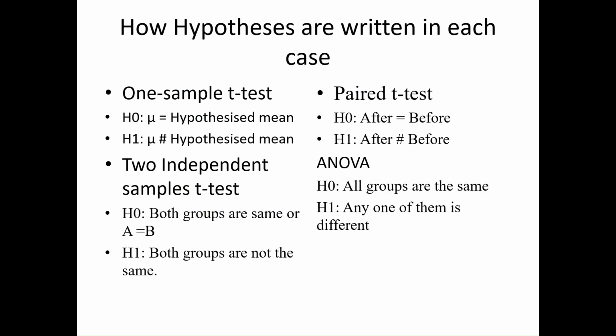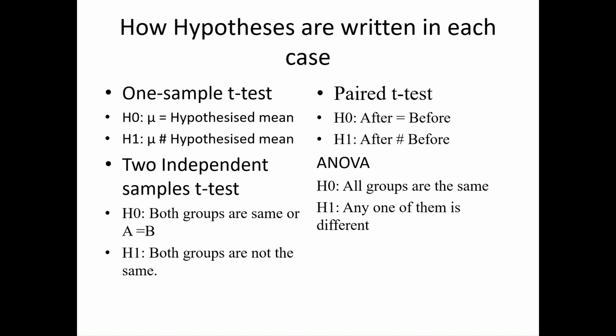How are hypotheses written in each case? One sample t-test. Null hypothesis: mu is equal to the hypothesized mean. Alternate hypothesis: mu is not equal to the hypothesized mean. Two independent sample t-test.